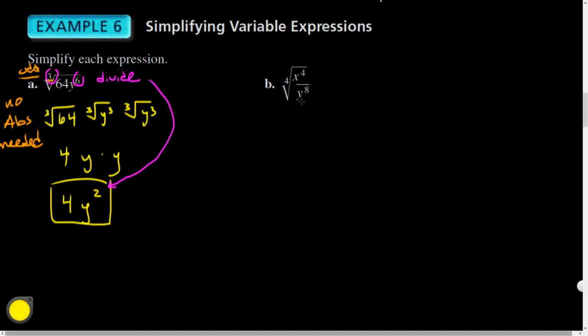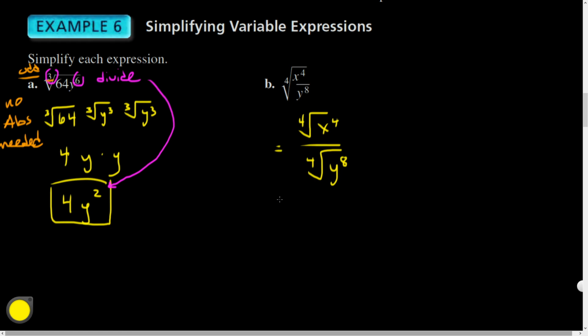Let's rewrite this one. So 4th root of x to the 4th over the 4th root of y to the 8th. One thing to be aware of, right, is that I can distribute a radical over multiplication or division like I did here.